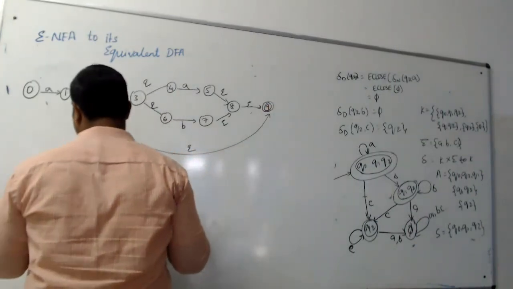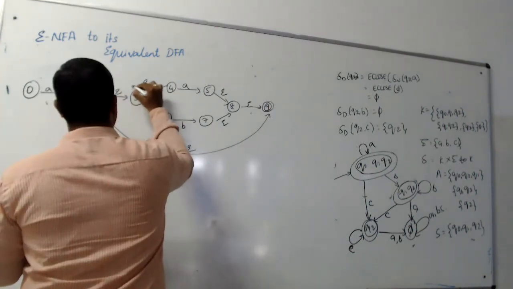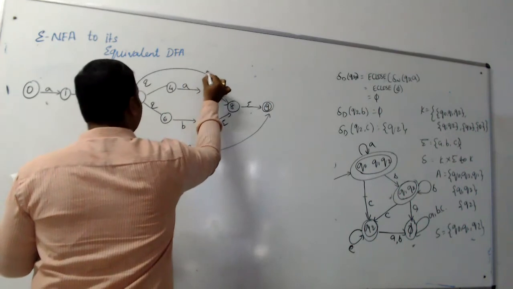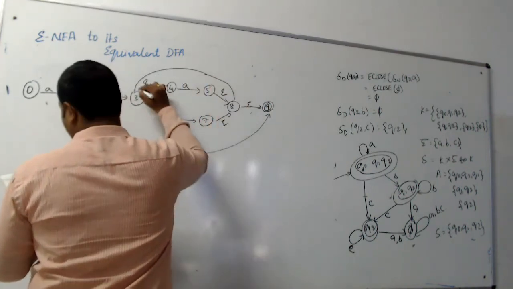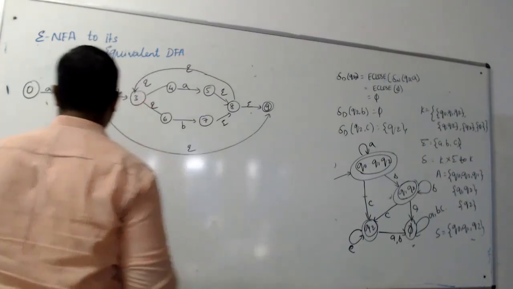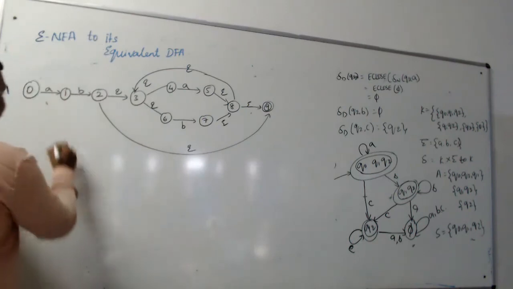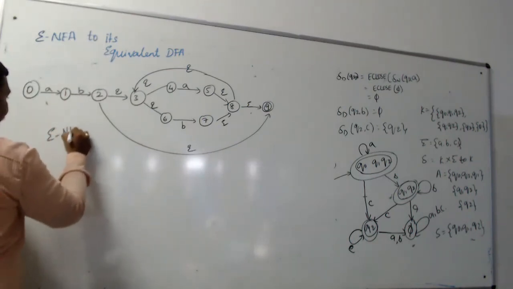Final state is 9 and 3 to 8 is epsilon. So all the symbols and transitions are in the diagram. So this is an NFA, an epsilon NFA.